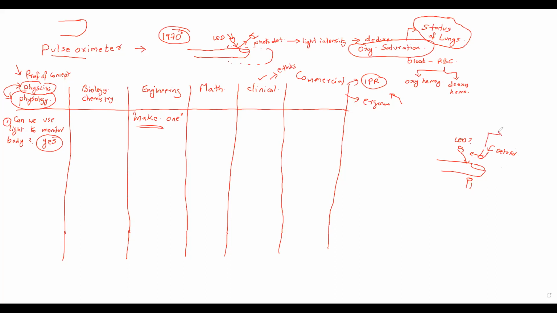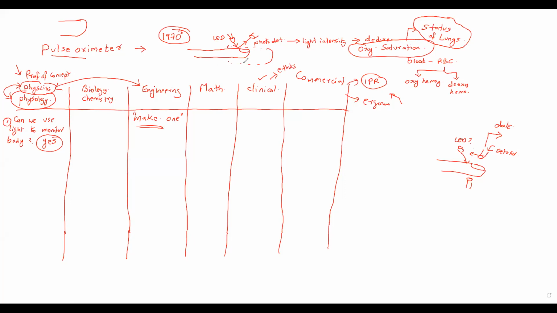What signal processing? What sort of data acquisition should I use? How do you take this intensity? Should I use an amplifier here? Like a power supply to the LED, which one do I have to use? What power? What wavelength? All these questions have to be answered, and there is an interplay between physics and engineering to answer all these questions.